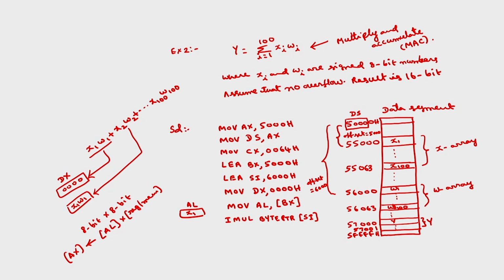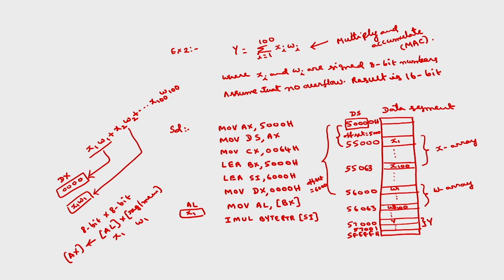Which memory location? The one whose offset is present in SI. The memory location whose offset is 6000 is W1. So AL has X1, and this memory is W1. Because I want to take only a single byte, I am assuming that W is an 8 bit number, that is why I have written byte PTR.